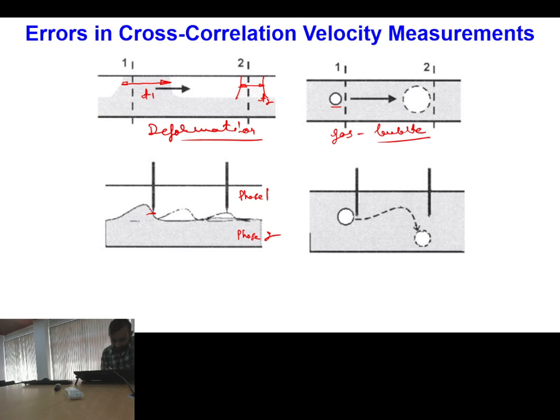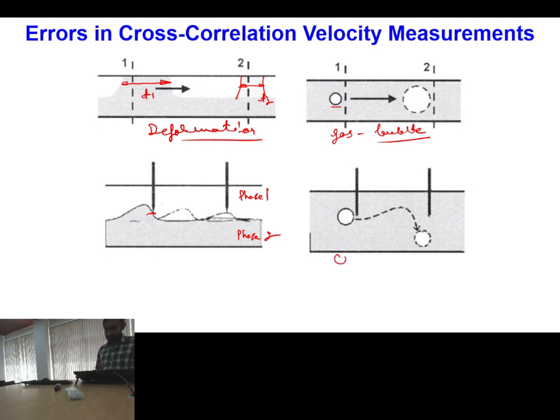But in between this gap it has flattened, so it will not touch the second probe. Once it is not touching the second probe, you will not be able to get the velocity of this point.